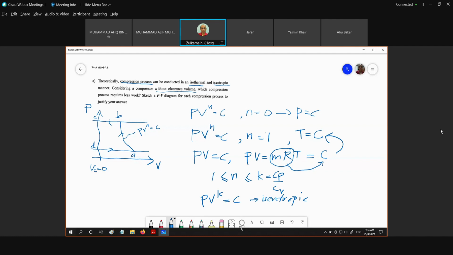When we said N is equal to 1, meaning that is a T constant process. So as far as we are concerned, in mathematics, when you sketch this equation as a line in the PV diagram, what does this N represent?